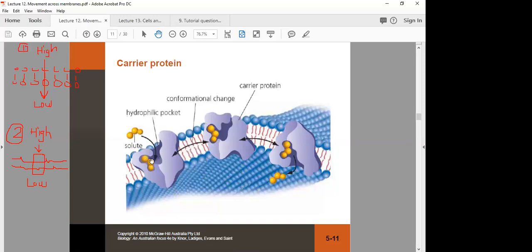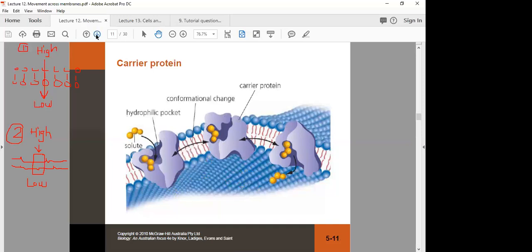The binding of the solute molecules causes a conformational change in the transport protein. So here you can see it's changing shape. Here it is again, changing shape. And this time that pocket is now open to the other side of the membrane and it can release the solute to the inside or to the outside.